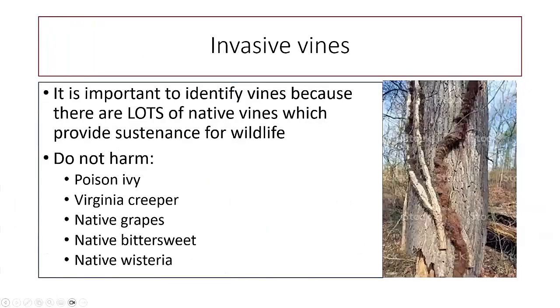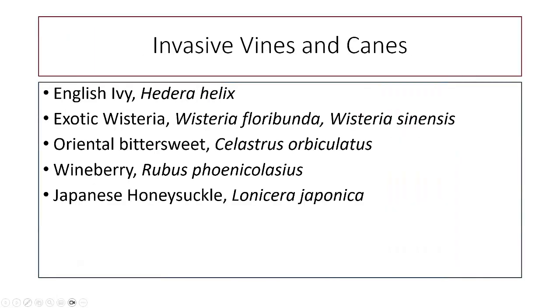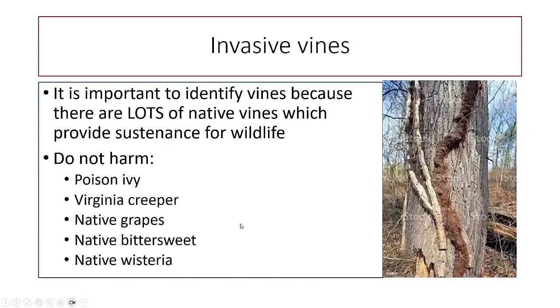But let me go back to invasive vines. It's important to identify the vines definitively because we have lots of native vines that support wildlife that we don't want to take out. You'll see on the tree that's pictured on the right there a really healthy poison ivy vine.